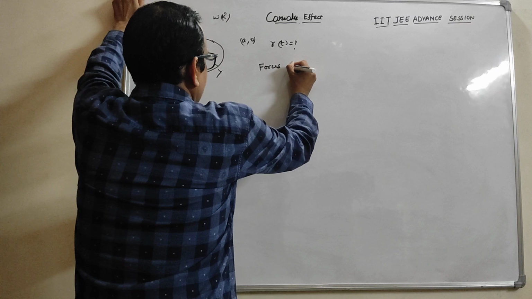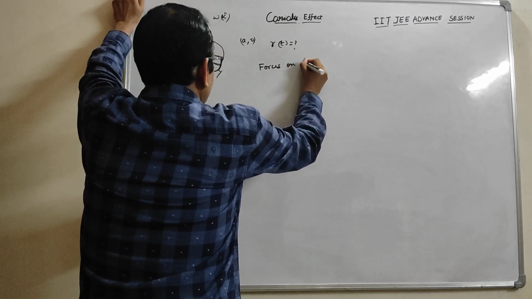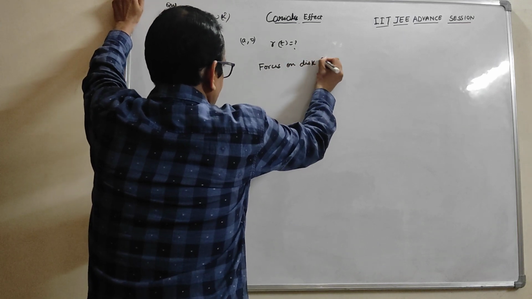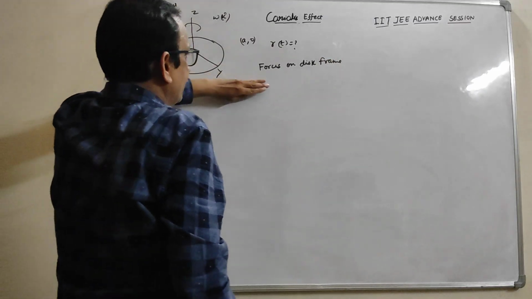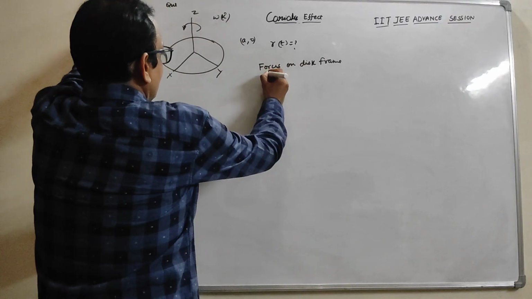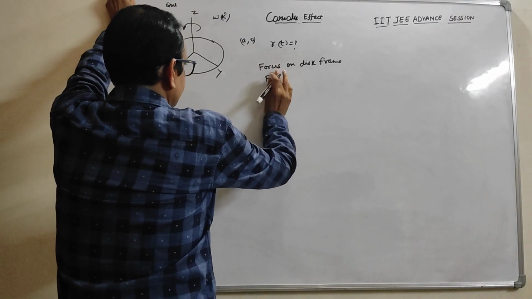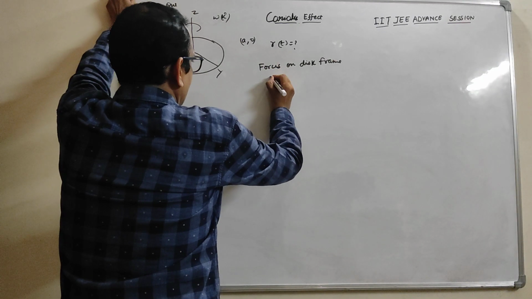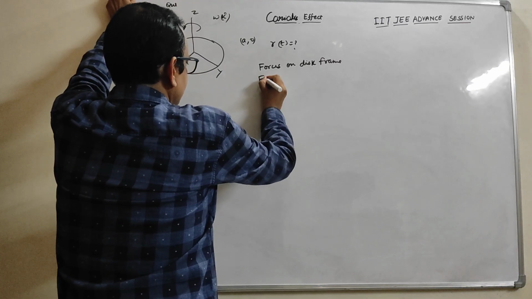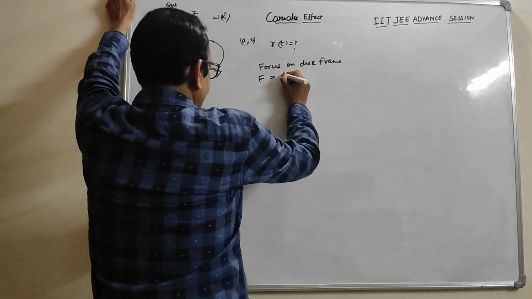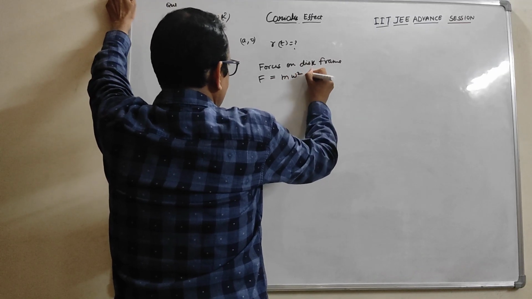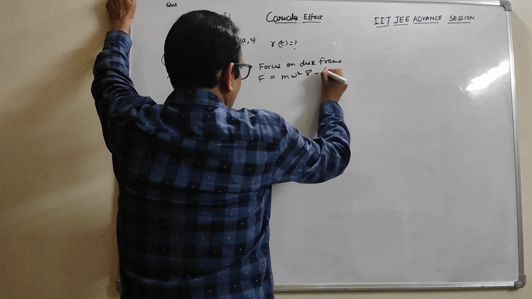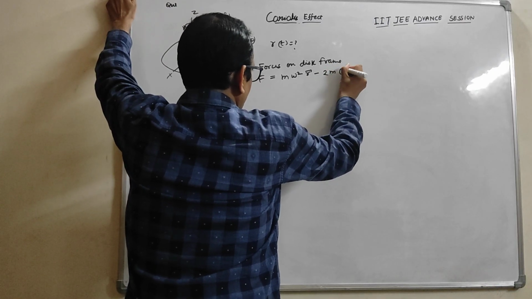Forces in the disc frame. This is a rotating frame of reference, so here we write F rotational. So the force would be m omega square r vector minus 2m omega vector cross Vr.